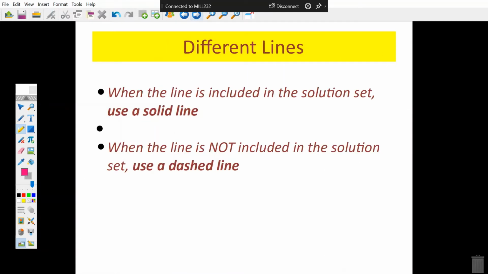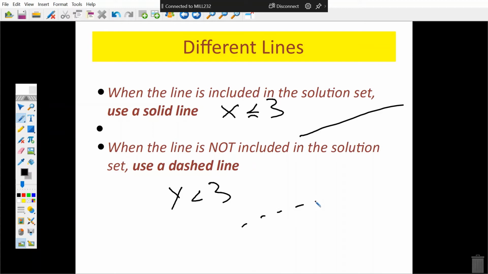When the line is included in the solution set, use a solid line. So like if I'm graphing and I have this, if the line is included, then I would graph with a solid line. When the line is not included in the solution set, like if you had this, y is less than 3 without equal to, then you are to use a dashed line, okay?